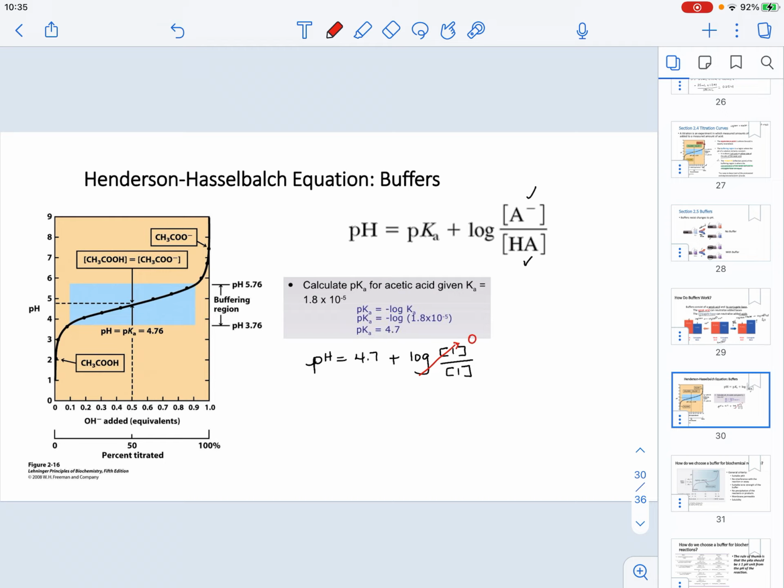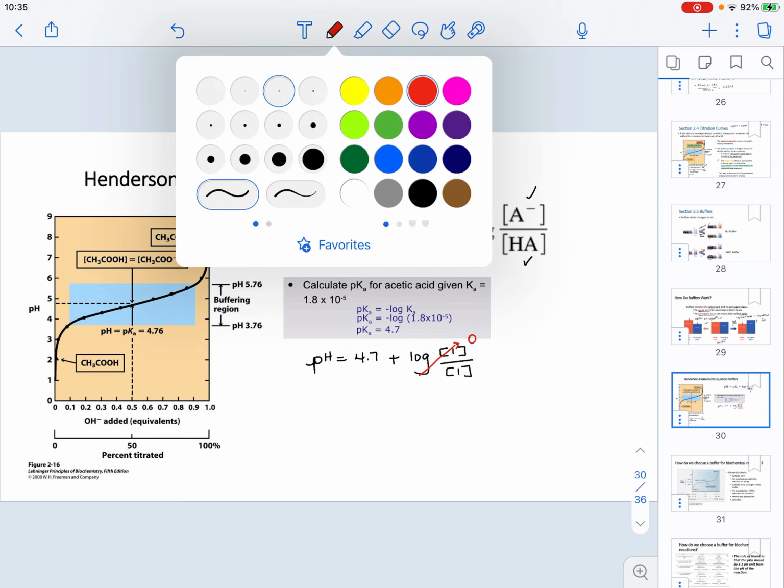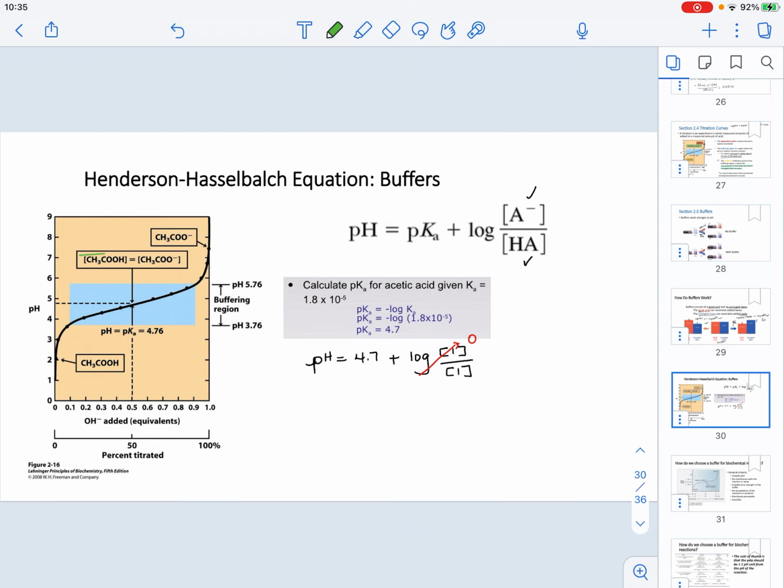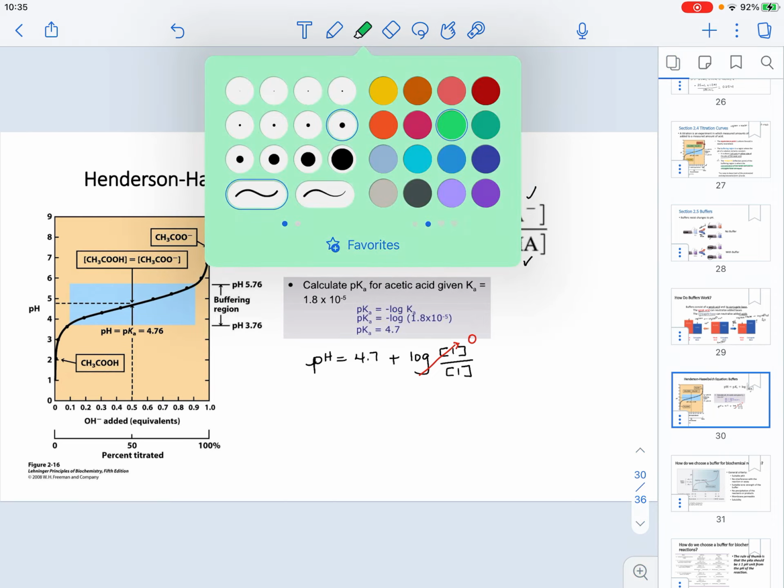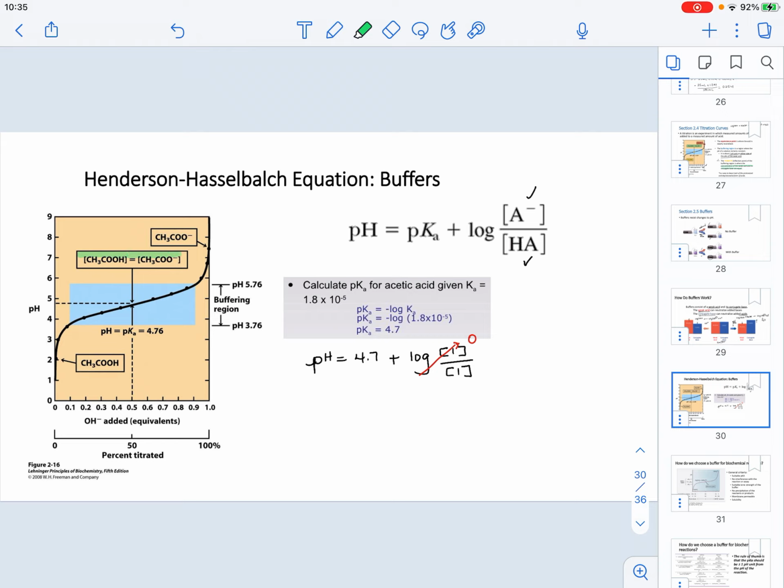So what happens at the inflection point, as I mentioned before, is that we have equal concentrations of our weak acid and the conjugate base. That's where we have our ideal buffer.